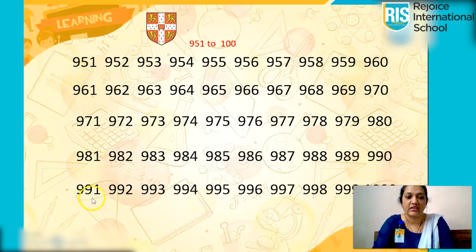That's 991, 992, 993, 994, 995, 996, 997, 998, and 999, we would then move on to a 4-digit number, that's 1000. So here you have 4 digits, that is the units, the tens, the hundreds and the thousand. Alright.